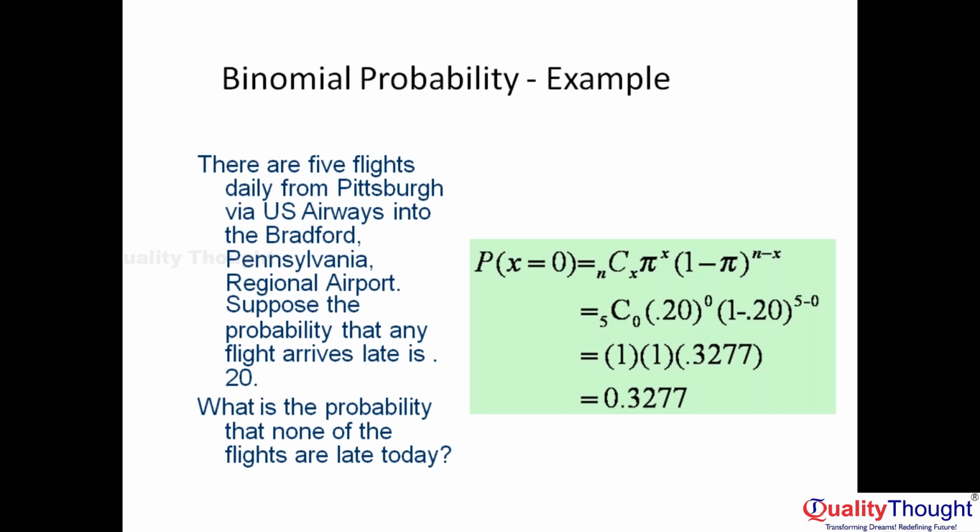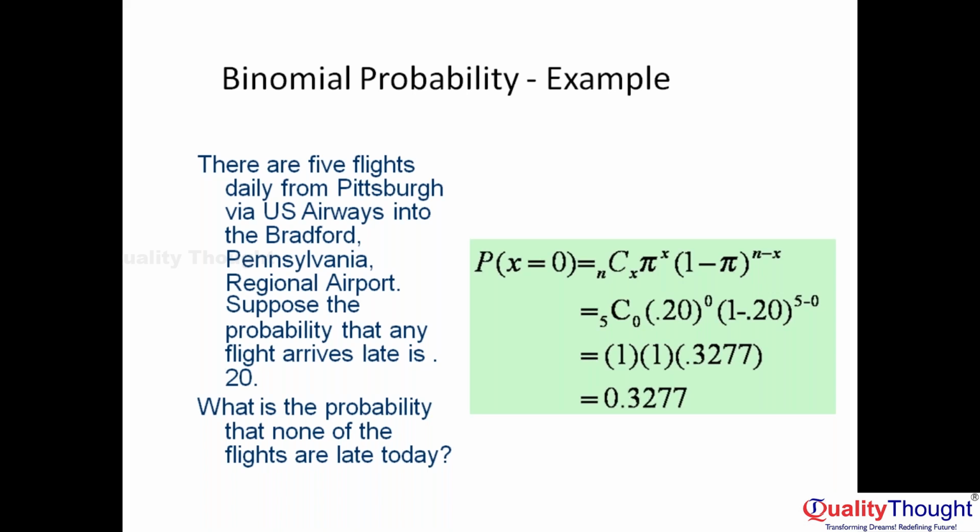So 5C0. What is the probability? It was already given as 0.20. 0.20 to the power 0, and 1 minus 0.20 gives 0.80, which is the failure probability.